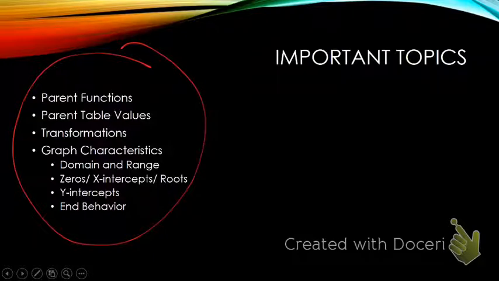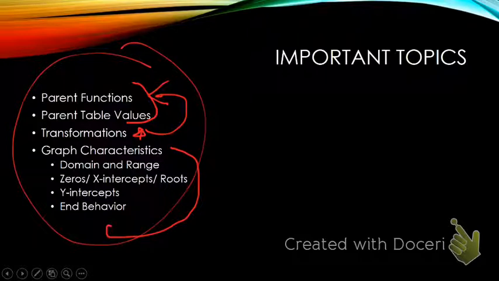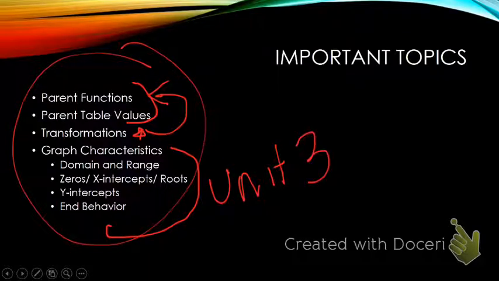And then this third part right here, transformations, that's really where we get into the nitty-gritty and we start talking about what is truly happening to your graph based off of these parent functions and parent table values. And then last but surely not least, all of this is stuff that you should remember or recall from Unit 3 with graph characteristics of polynomials.